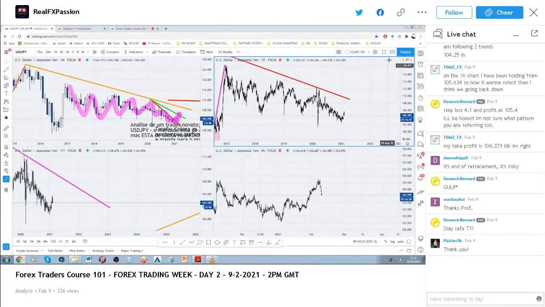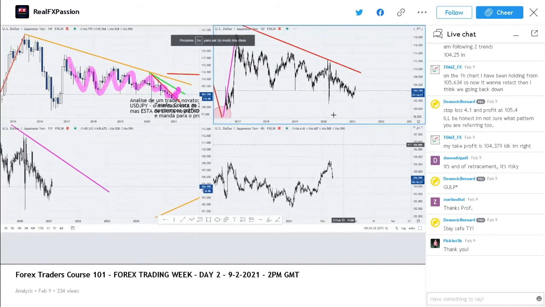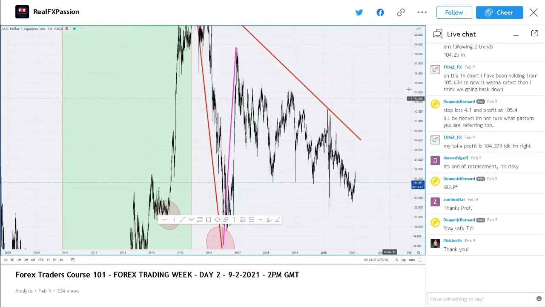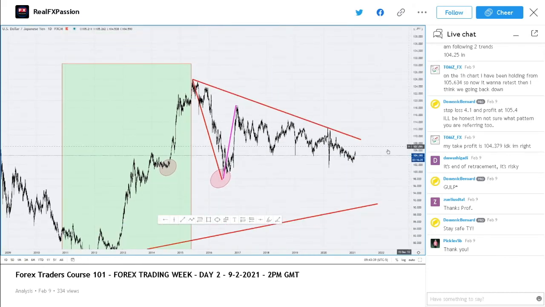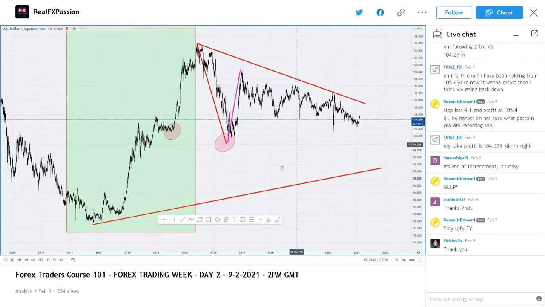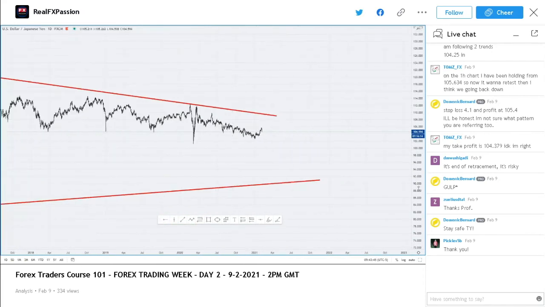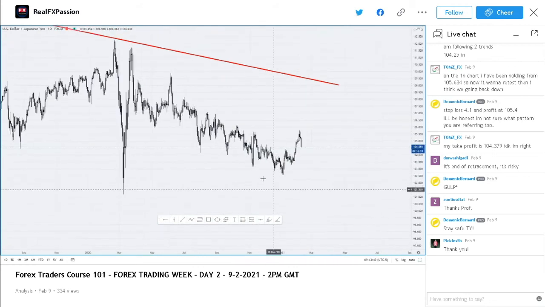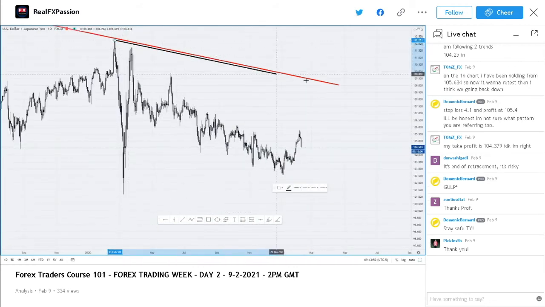So let's go on the daily first, everybody, because we're talking about the 4-hour chart. Let's go on the daily, and the market was in here, and trend lines, right? We learned in the previous lessons how to draw trend lines.